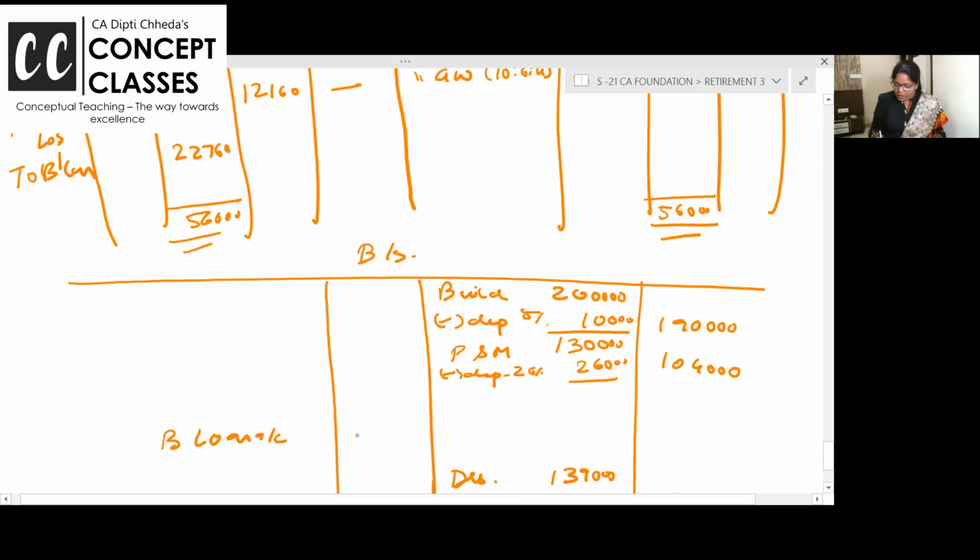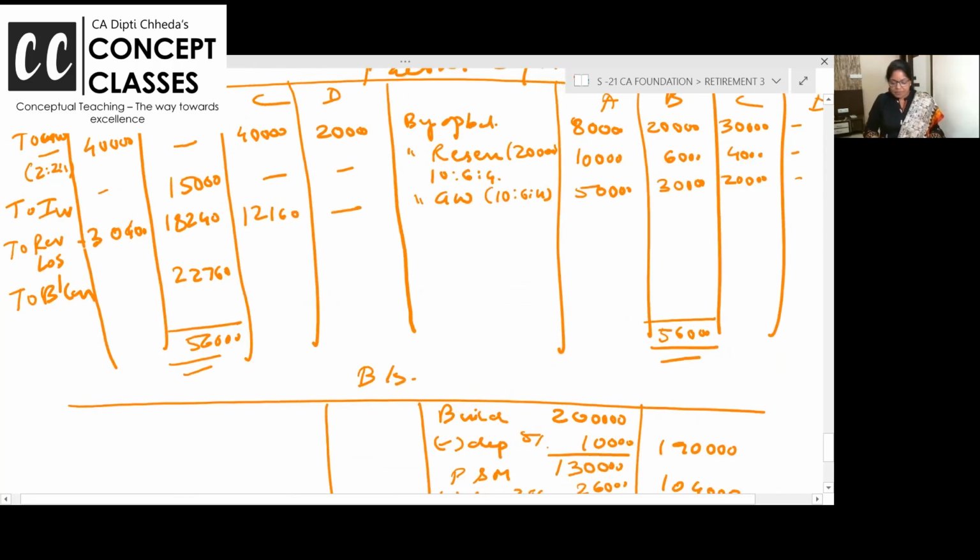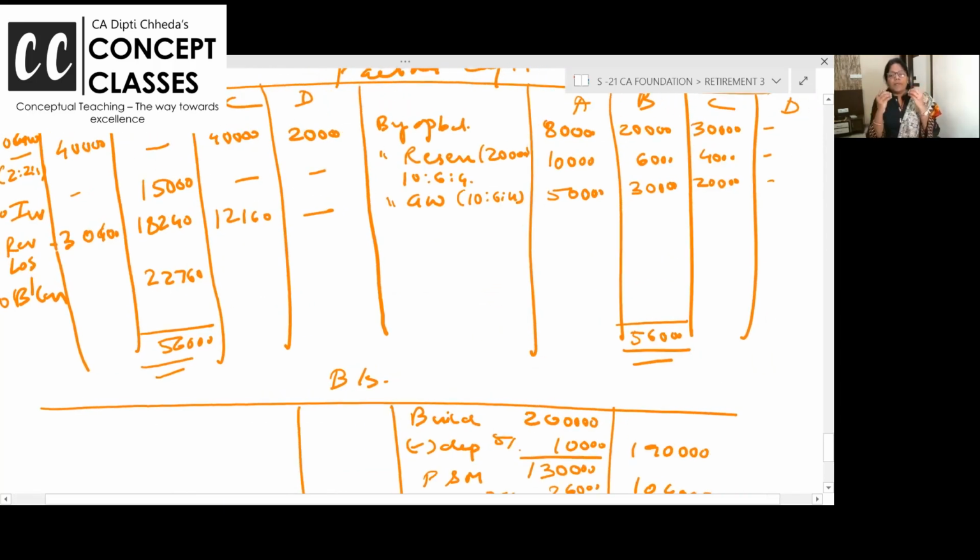B's लोन अकाउंट 22,760. बी के लोन अकाउंट में डाल दो 22,760. Nice.